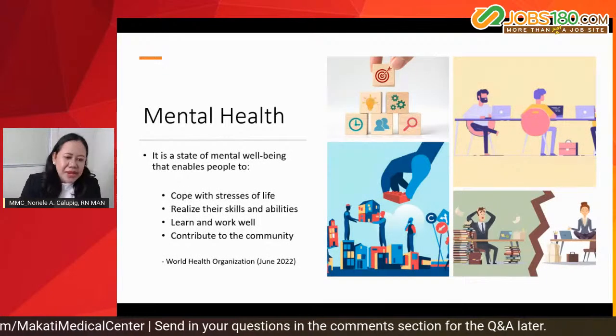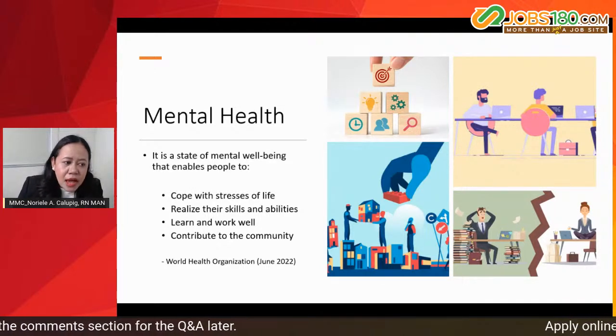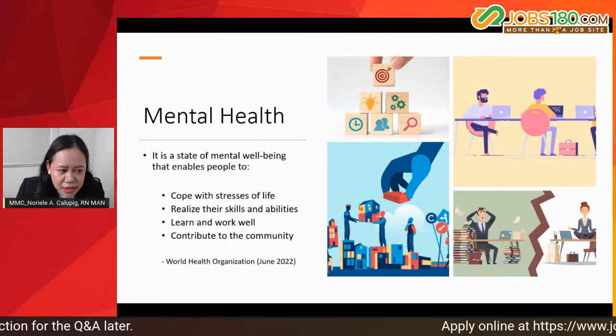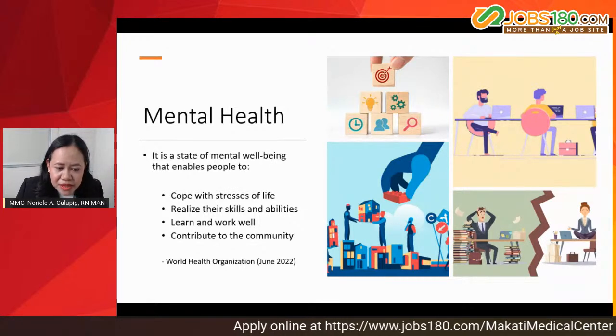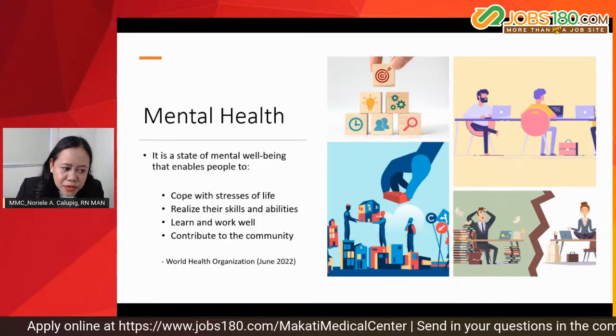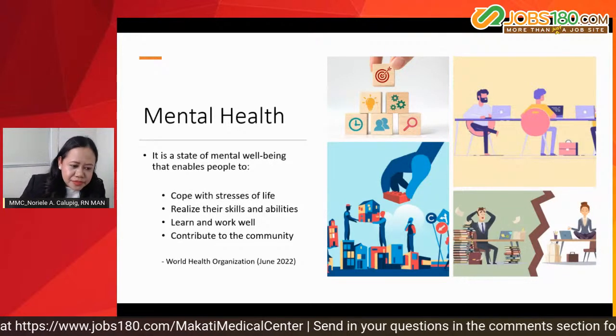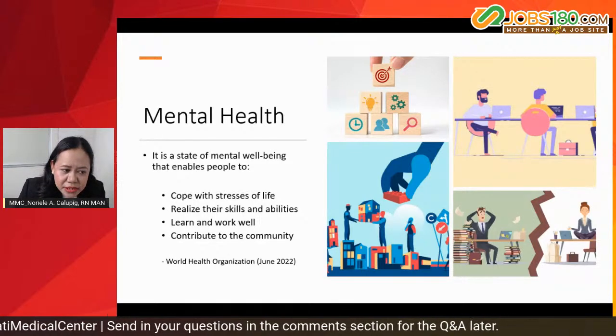Next, mental health is a human right of every Filipino and even well-being. Mental health is a well-being status that enables the people to cope with different stressful situations in life. And number two is to identify your skills.